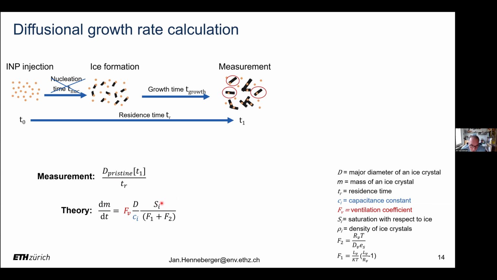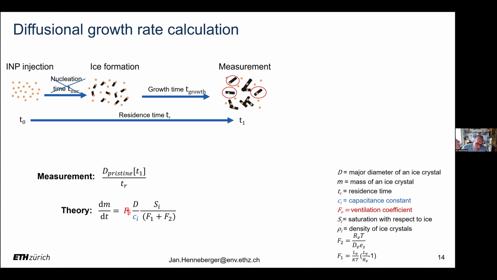It would be so good to measure that so precisely that it's helpful to understand what happens inside a cloud, how fast ice crystals grow. And then you have two constants before. One is a ventilation coefficient.